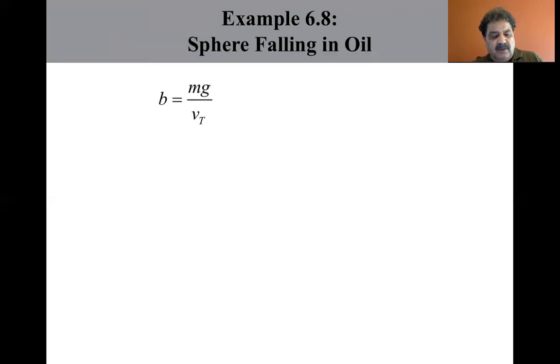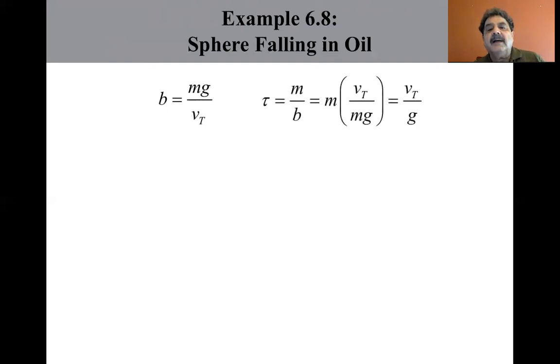So we evaluate the coefficient b, and we solve for tau, where tau is equal to the mass divided by the constant b, which is v terminal over mg. So the m's cancel and you get v terminal divided by g.